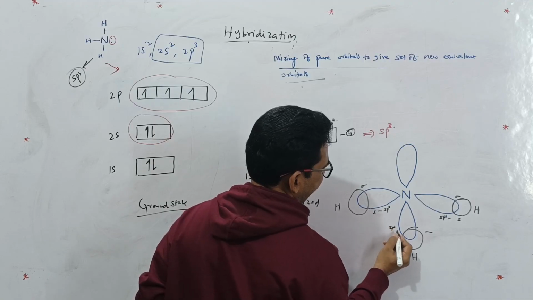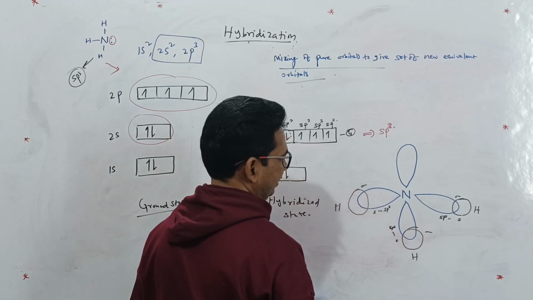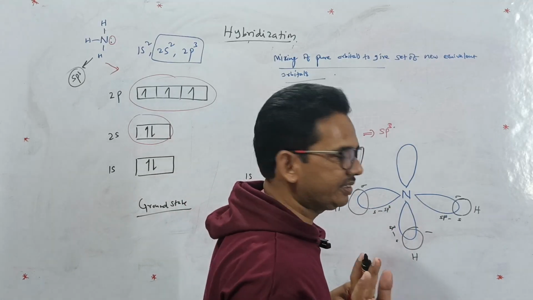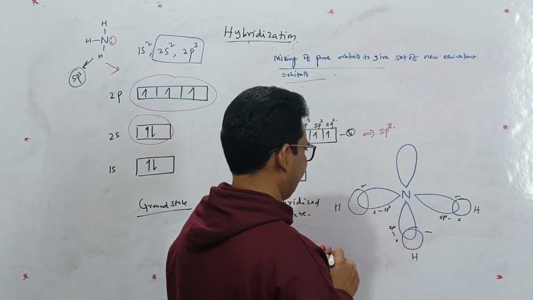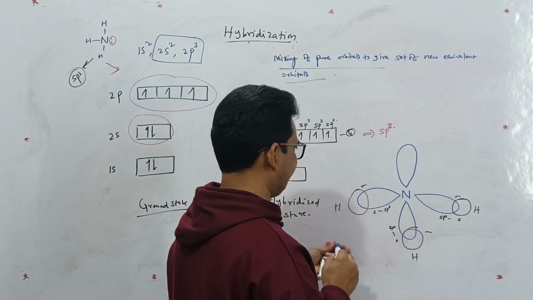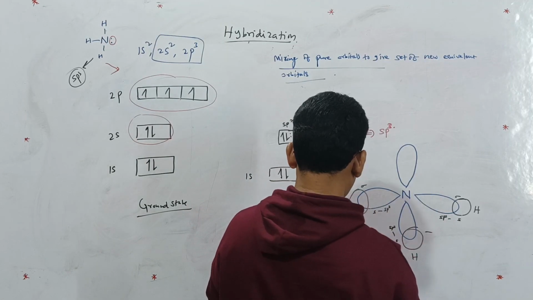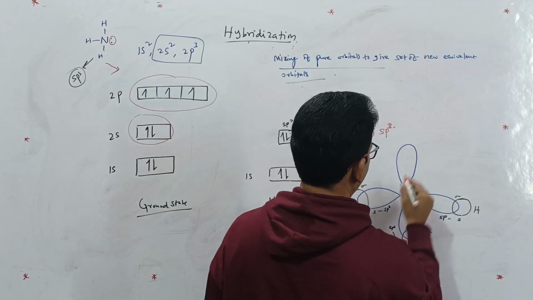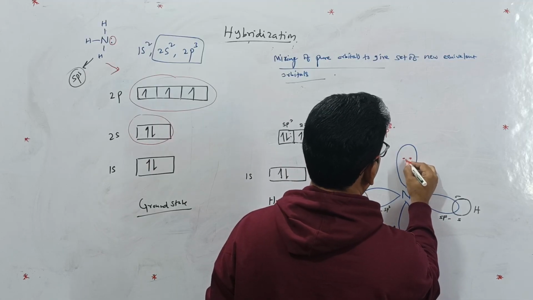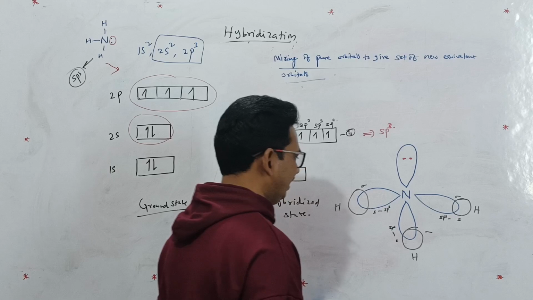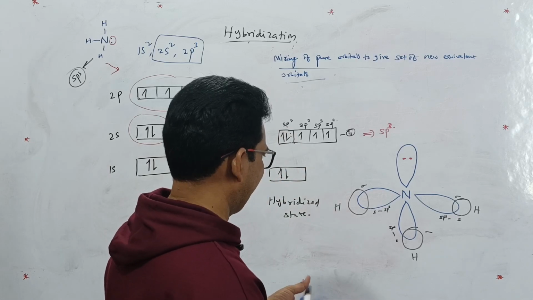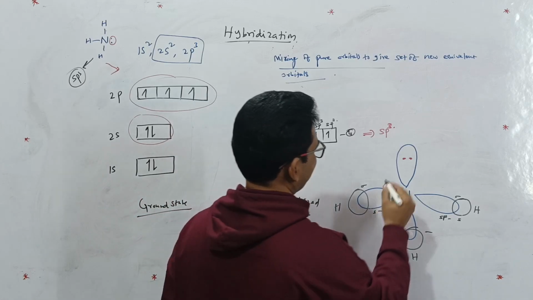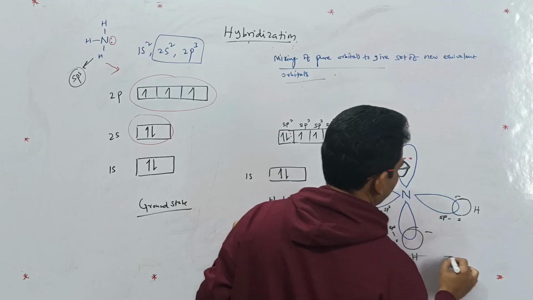Here also sp3 combined with the s orbital. This nitrogen has sp3 hybridization, but in this case it also has a lone pair of electrons.